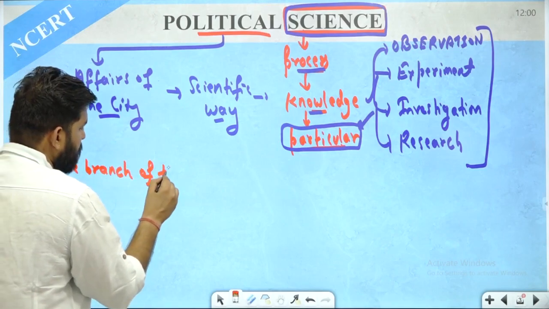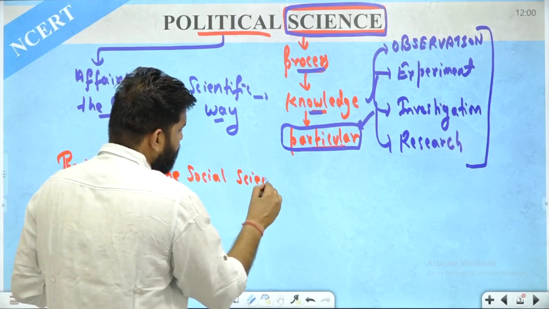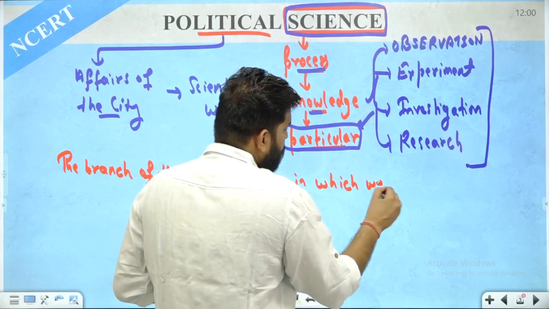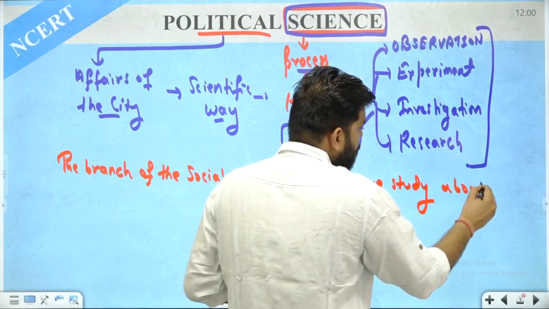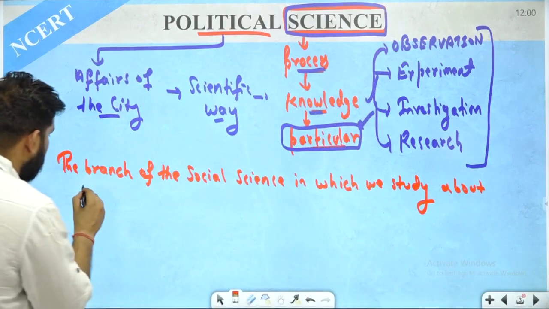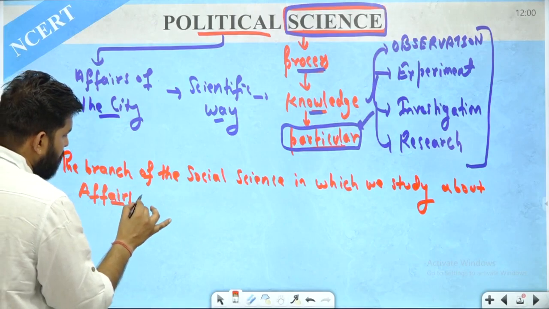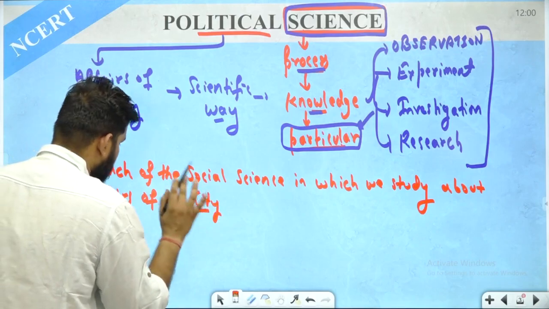The branch of the social science in which we study about the affairs of the city. What kind of affairs? I already told you that the affairs of the city, and this area of the city is also widened with time.